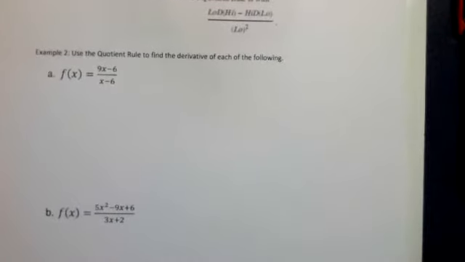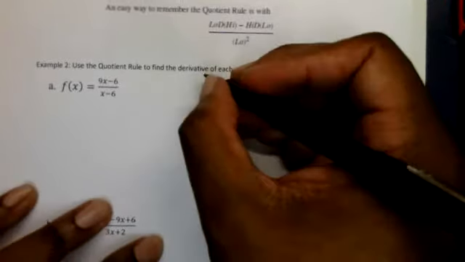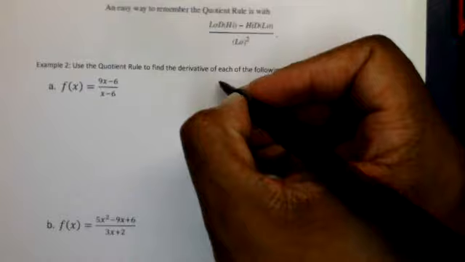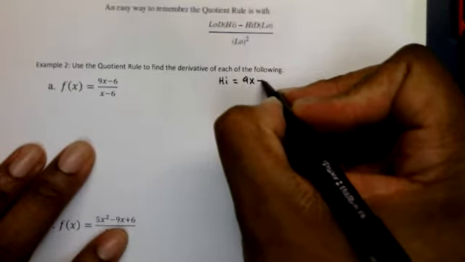Okay. So let's look at this example here. Here we're going to use the quotient rule to find the derivative of each of the following. So we've got f of x equal to 9x minus 6 divided by x minus 6. So here's how we can write this. The high would be the numerator, 9x minus 6.